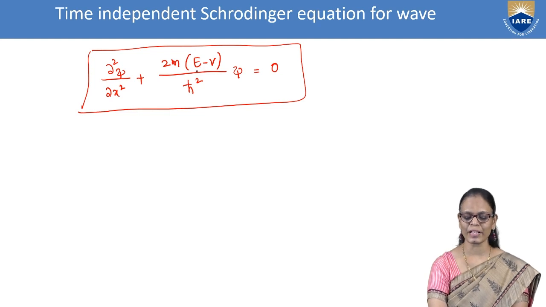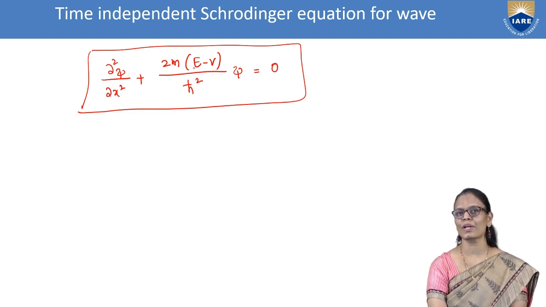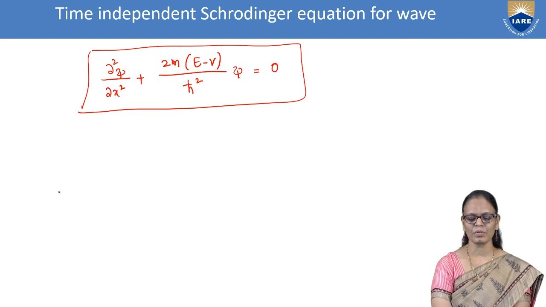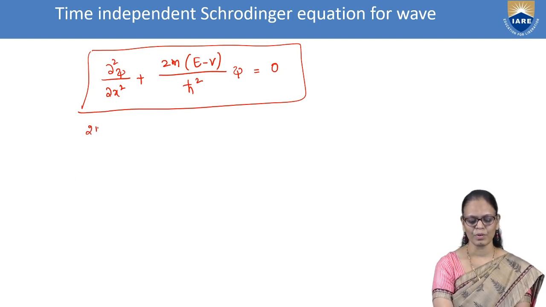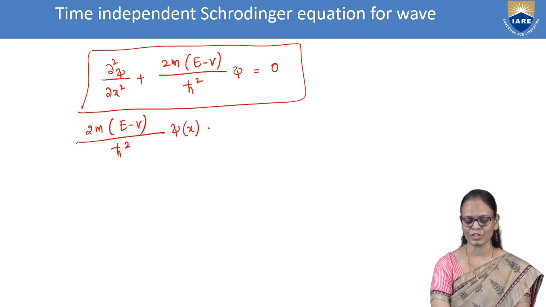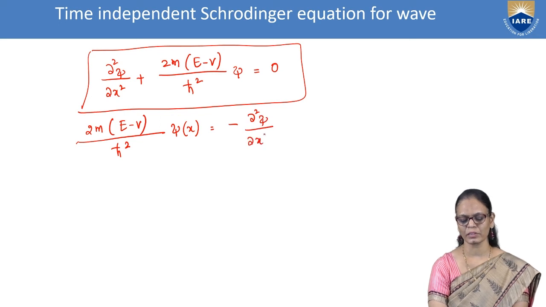Now I want to write the formula or the equation for energy. So how do I write? I can take this term onto the other side: 2m into E minus V by h cross square psi. When I'm talking about psi here, it is a function of x, that is why we are taking the derivative with respect to x. So dou square psi upon dou x square.